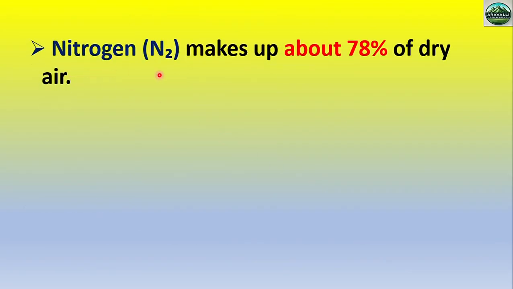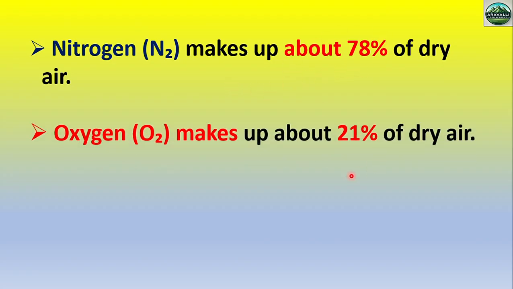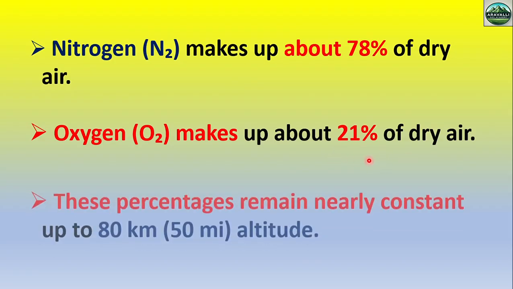We already know nitrogen makes up 78% of our atmosphere and oxygen 21%.